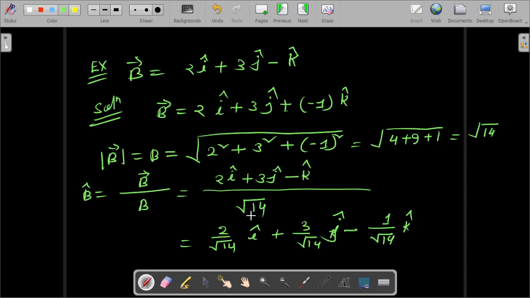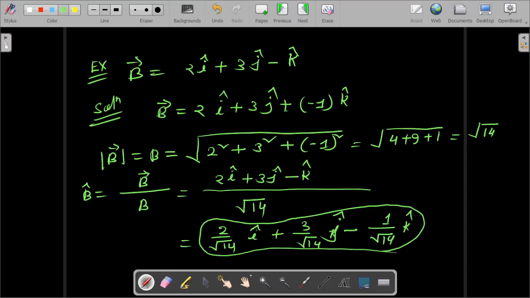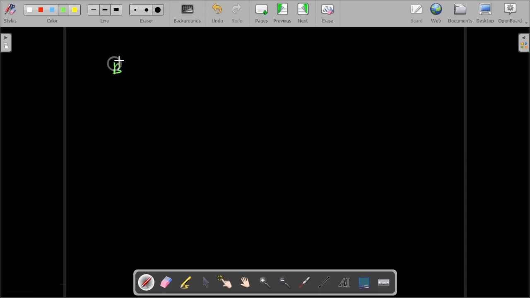So what I said is one thing, that the value of a unit vector is always 1 unit. Okay. So let's check whether the value of this will give 1 unit. What is the unit vector?